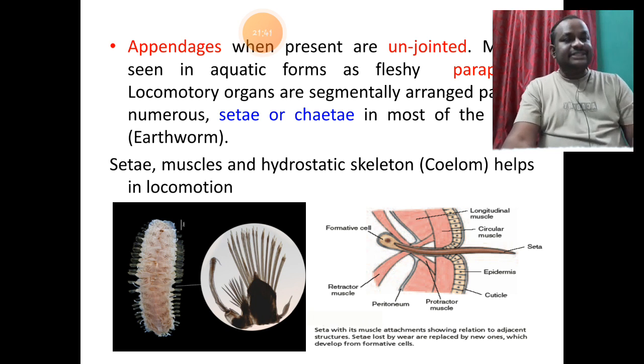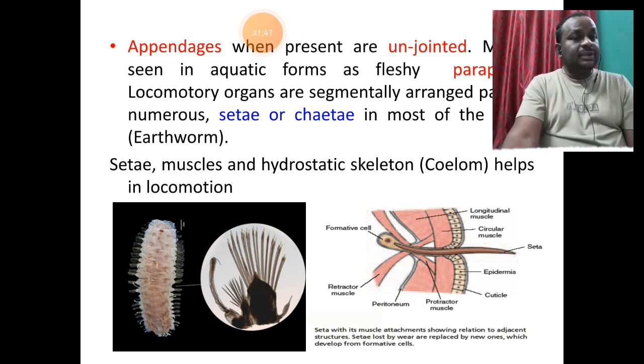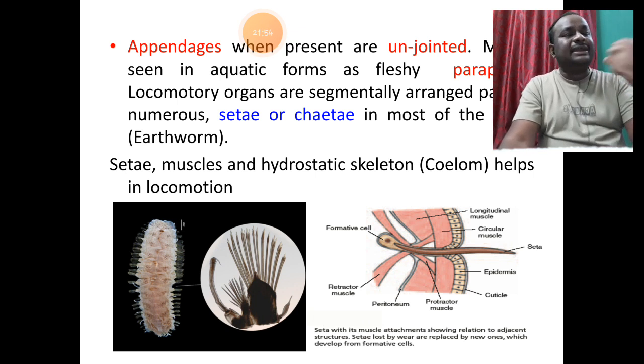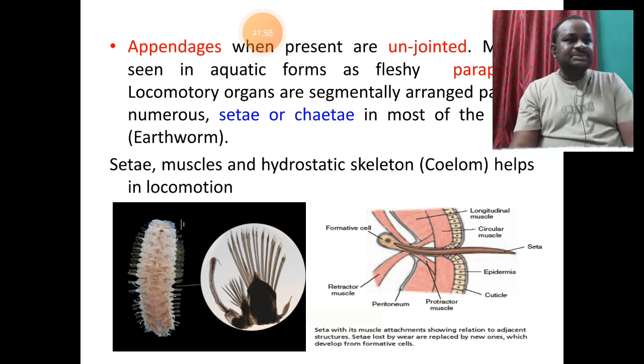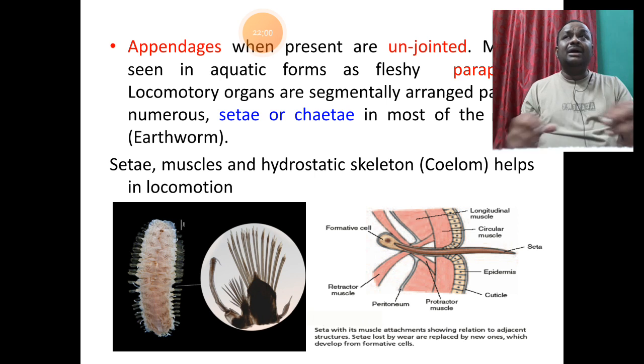Overall, the setae or parapodial structures, muscles which are attached inside, and the coelomic fluid which gives the hydrostatic skeleton support. Remember students, these organisms don't have any bony structures, both inside and outside.